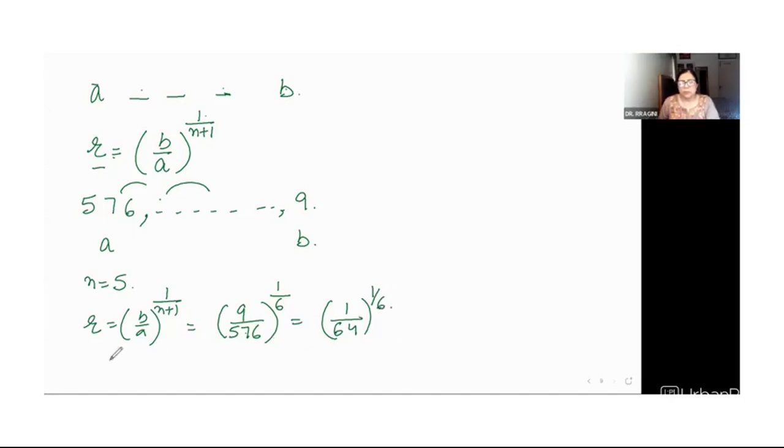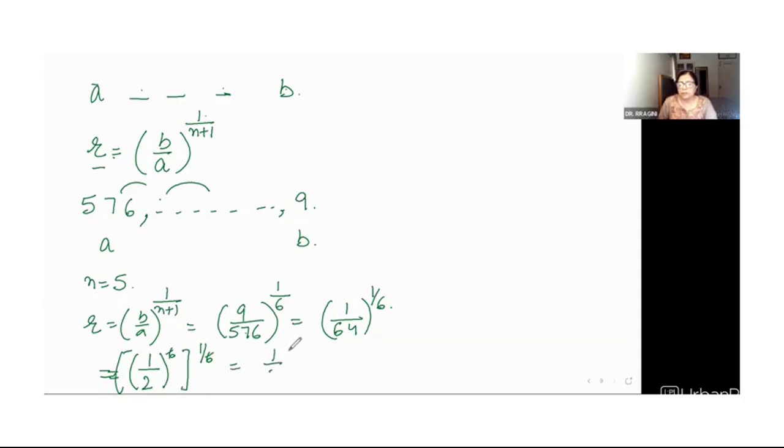How do we solve this further? This is 1 by 64. That means you can write this as 1 by 2 raised to the power 6. 64 is nothing but 2 to the power 6. Raised to the power 1 by 6. So we solve this and R comes out to be half.